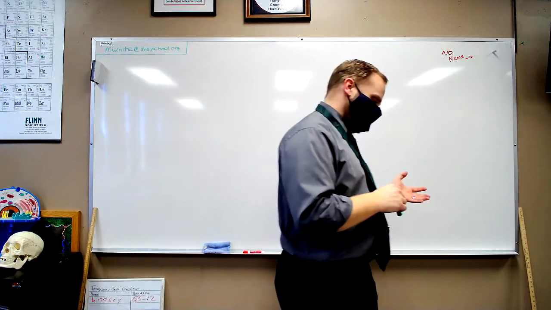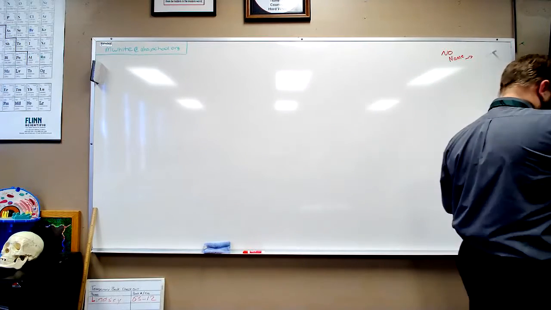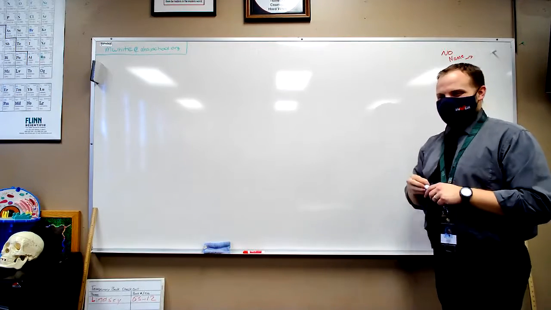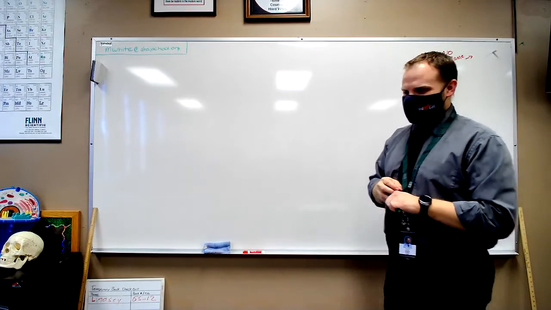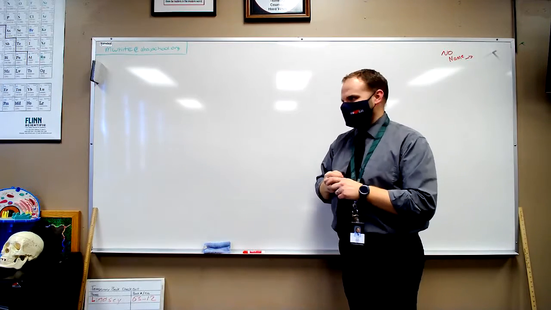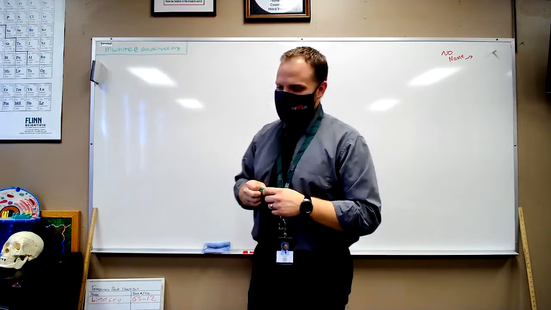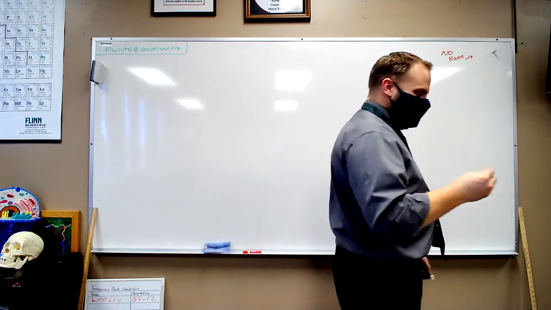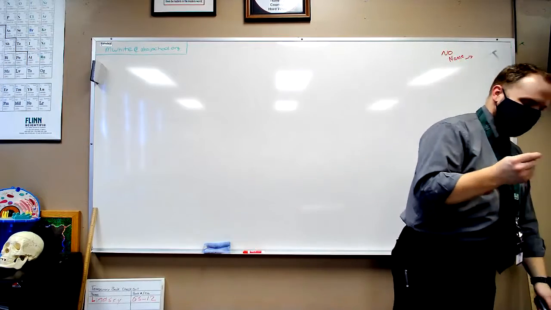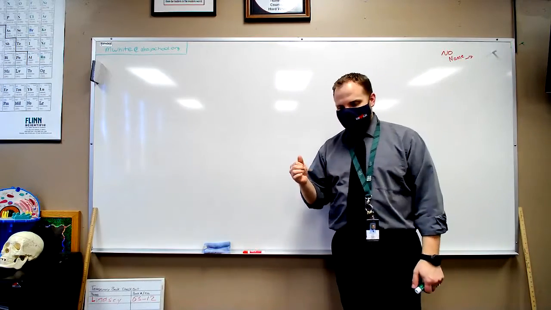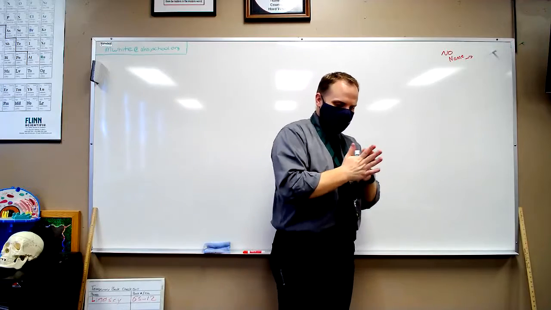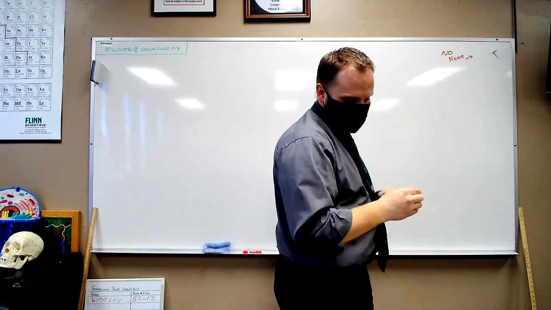Now, bases we don't really eat a lot of, because bases tend to taste bitter, which is not very pleasant. Bases also feel slippery on your hand. Soap is largely a base, and so it feels slippery.